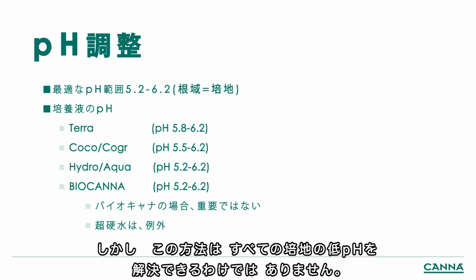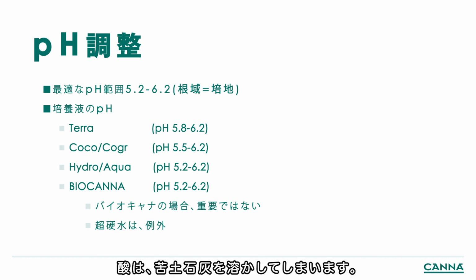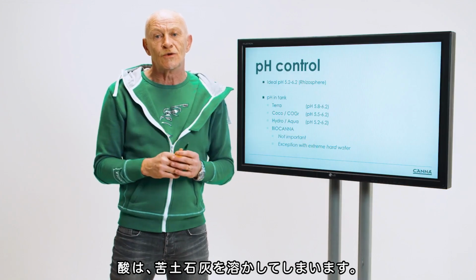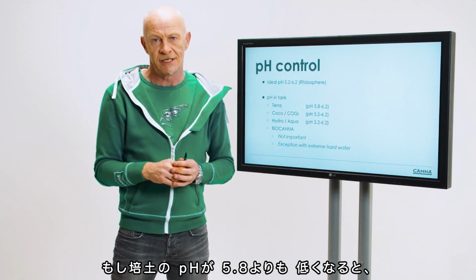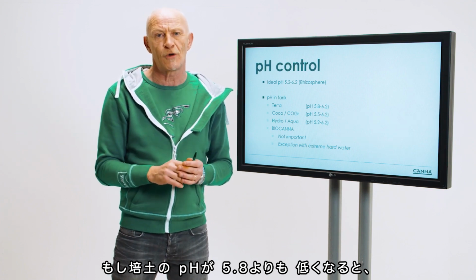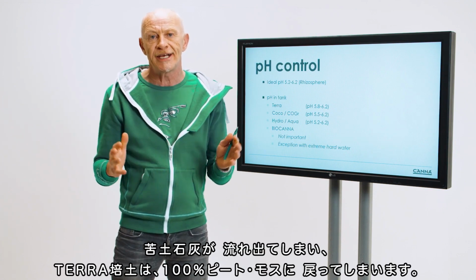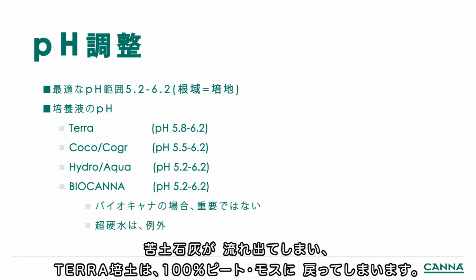But that doesn't mean that every substrate can handle this low pH. Terra, when it is a potting mix combined with lime, then we have to remember that lime will react with acid. So if we give a low pH, lower than 5.8, it will break down the lime and my terra becomes 100% peat.